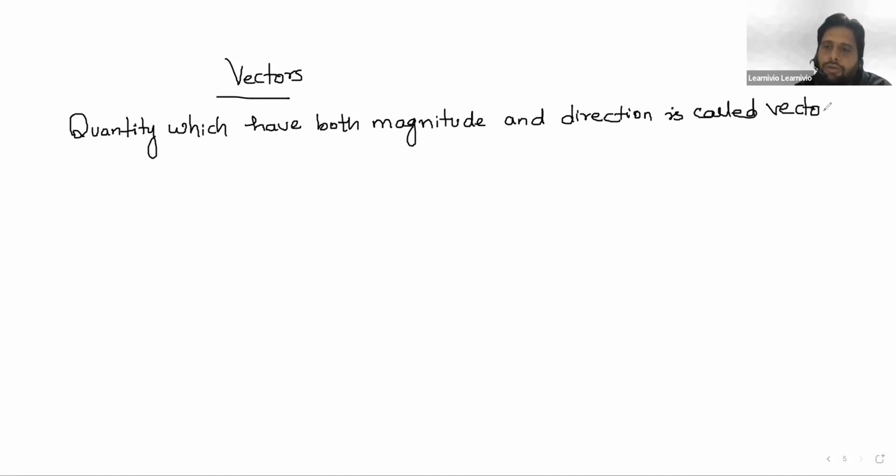So the quantity which has both the magnitude as well as direction is called a vector. For example, displacement, velocity. So these are all examples of vectors.